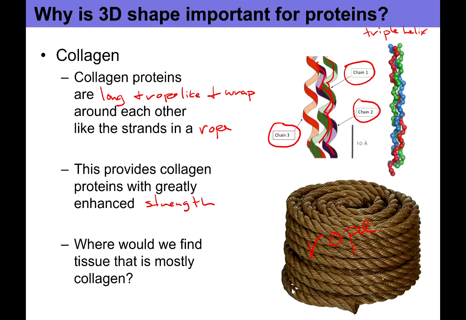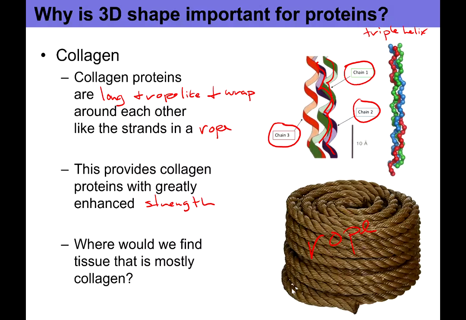You can break them relatively easily. But because there are dozens or hundreds of these strands all wrapped around each other in a rope, the strands together have a much greater strength than any individual strand would have by itself.